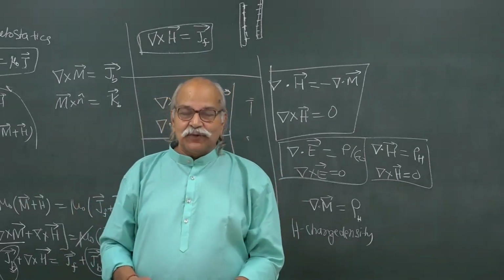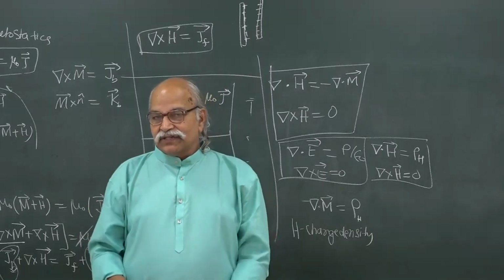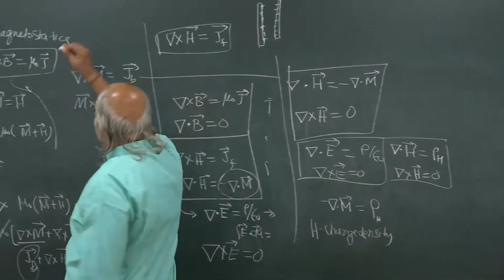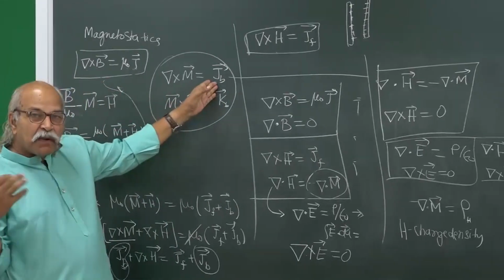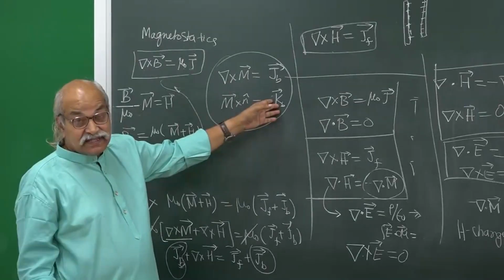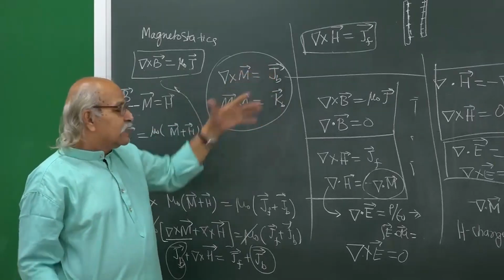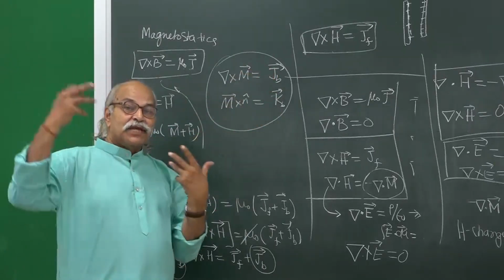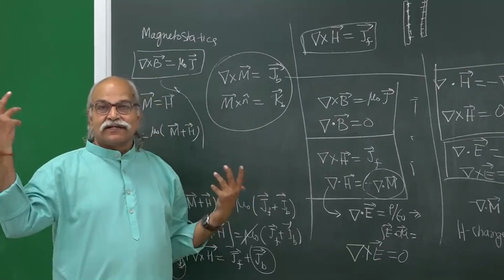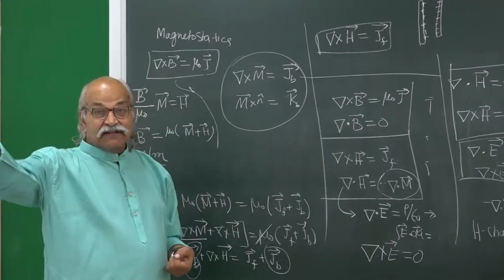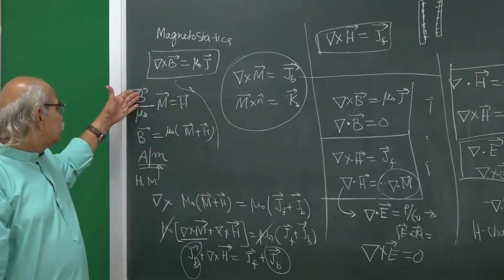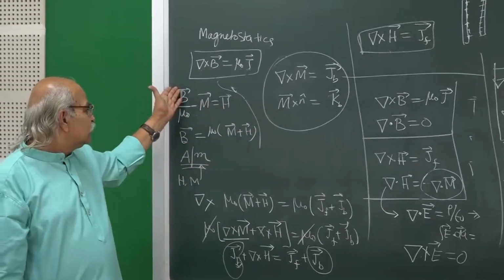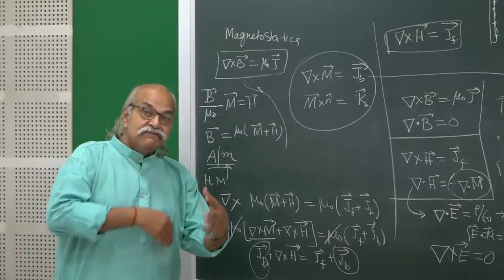Now, one way is that okay, you know the magnetization and therefore, you use these equations, get the bound currents, there may be surface current densities. So, now you have currents, then use Ampere's law, Biot-Savart law, etc., to get B. And if H is needed, you can always get this H from this definition. Once B is obtained, magnetization is known, you can get this. You can reverse.